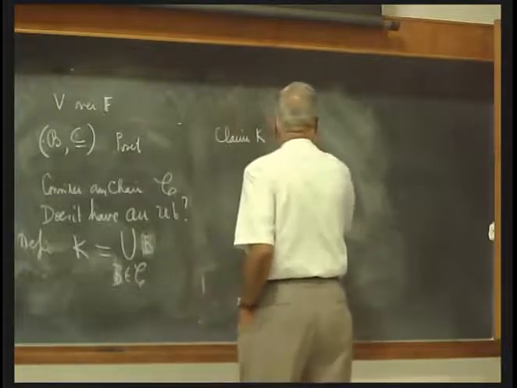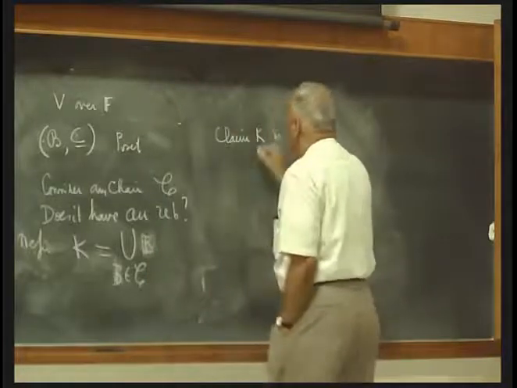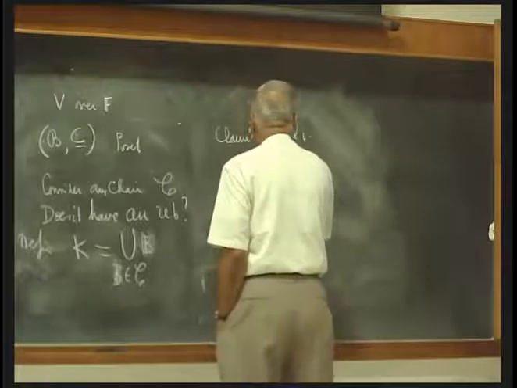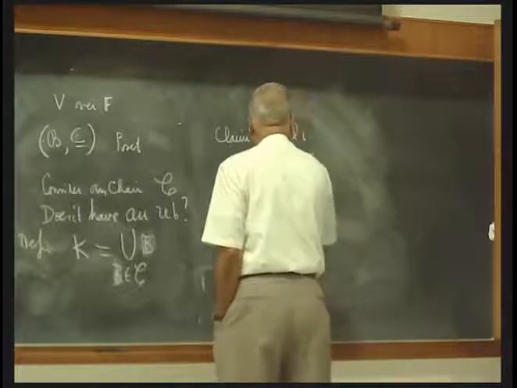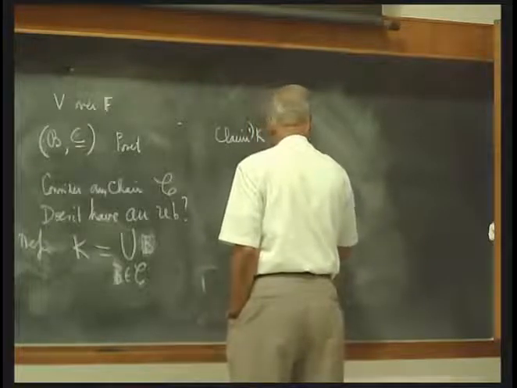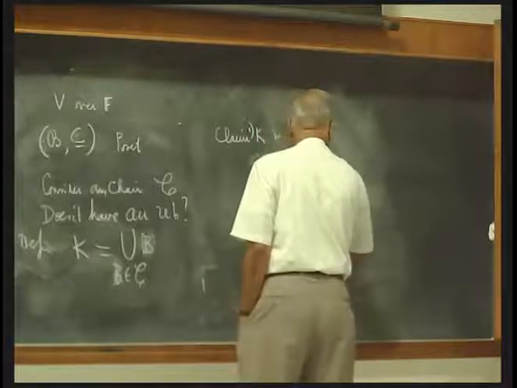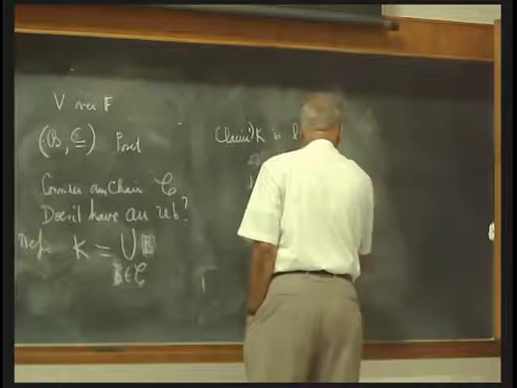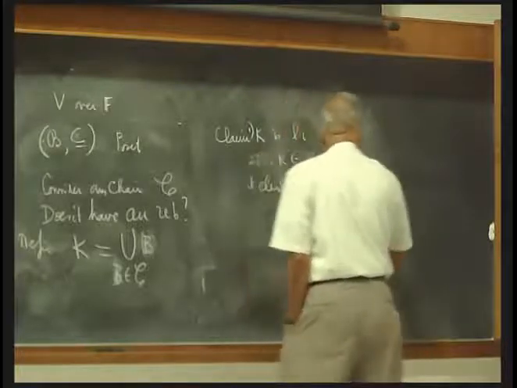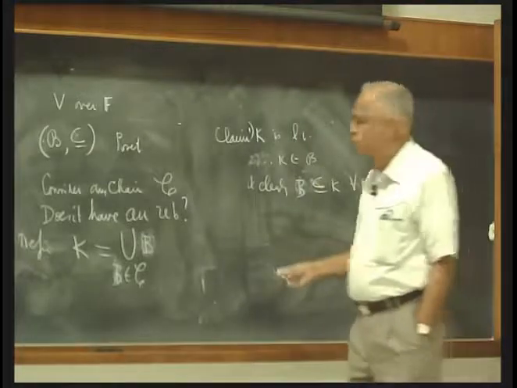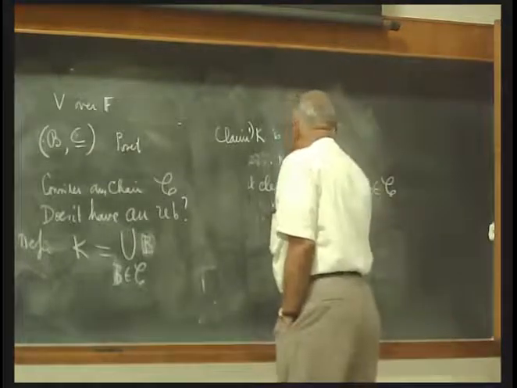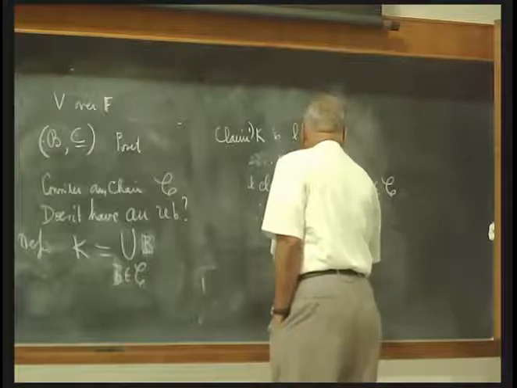Therefore K belongs to the poset, and clearly B is contained in or equal to K for every B. So therefore K is an upper bound.